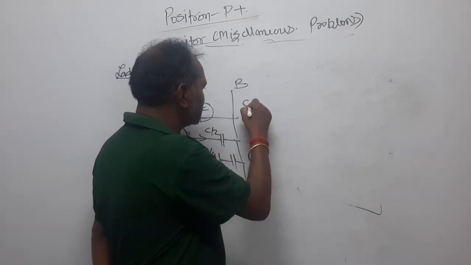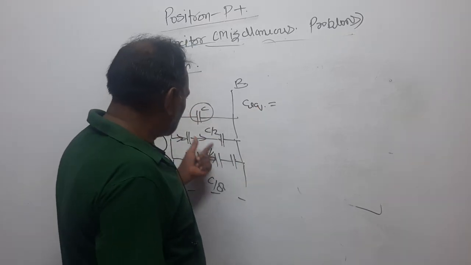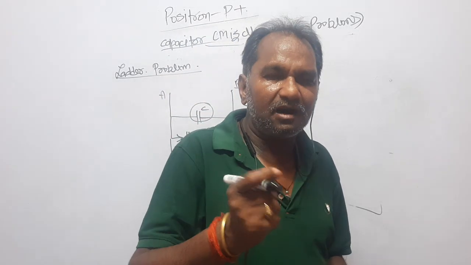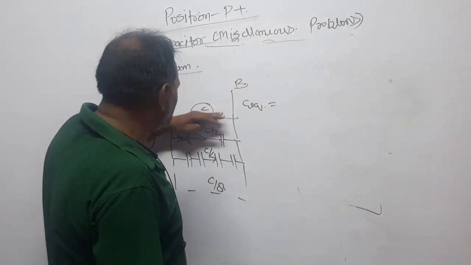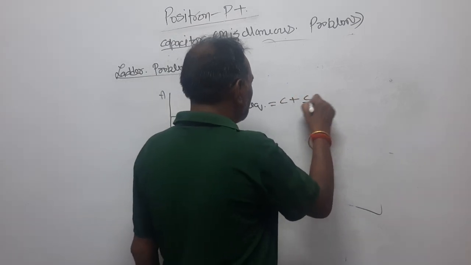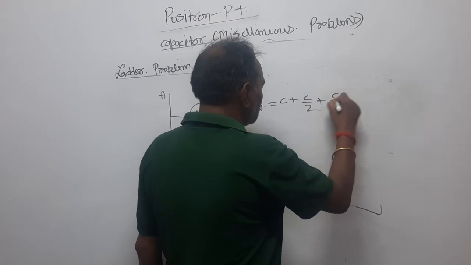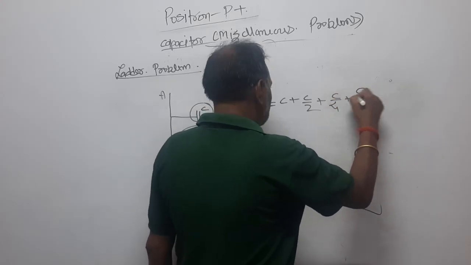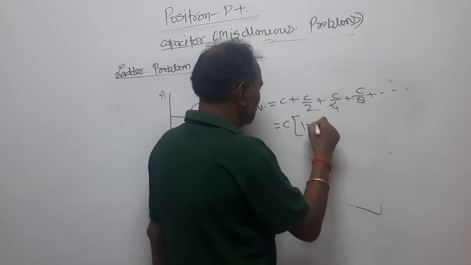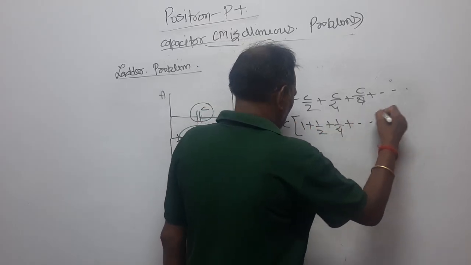And then what would the equivalent capacitance be? All the capacitors in a branch are in series combination, and mutually the branches are in parallel combination. So simply it is C, plus C by 2, next C by 4, next C by 8, and so on. Taking C common: 1 plus 1 by 2 plus 1 by 4 and so on.